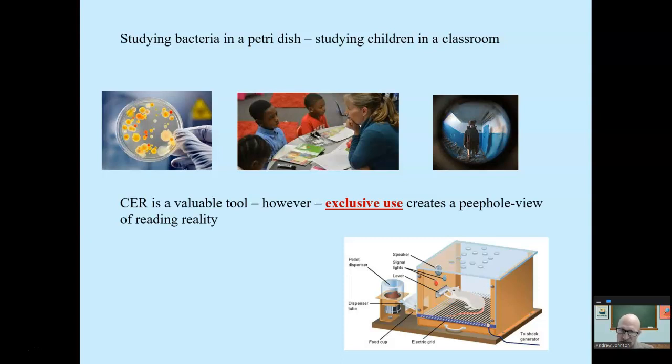In reading, they call this scientifically based reading research. This insular view demonstrates a limited understanding of educational research and leads to a great ununderstanding of reading and reading instruction. As well, this peephole-based view of reading reality misses a lot of data. And how could anything be truly scientific if it chooses to ignore a wealth of data?